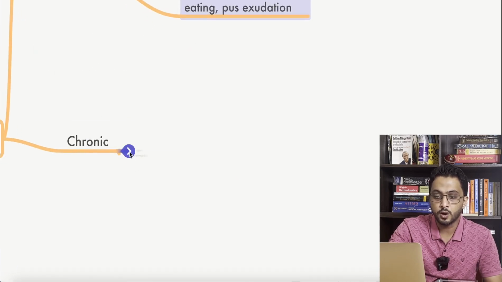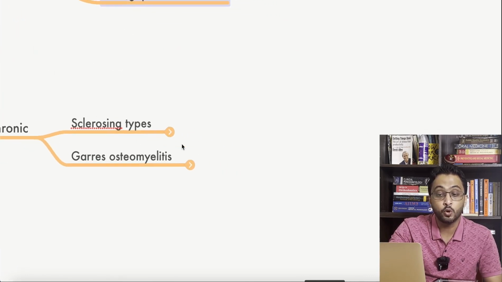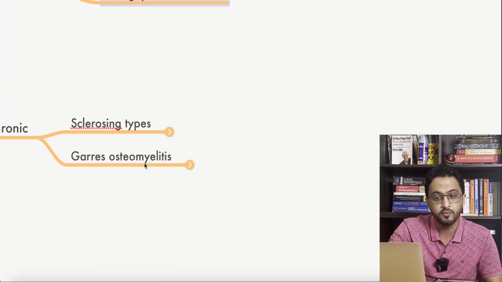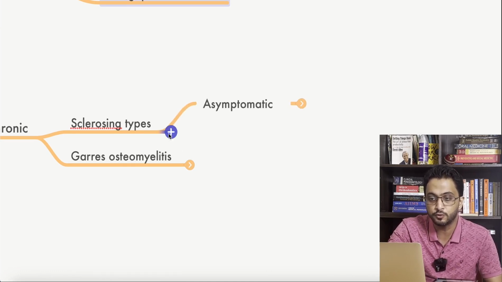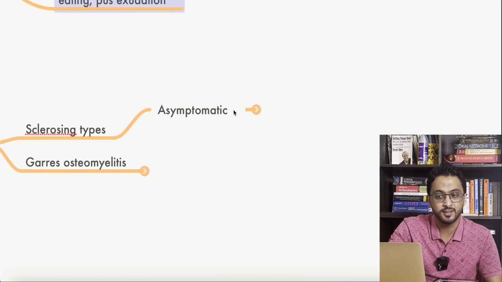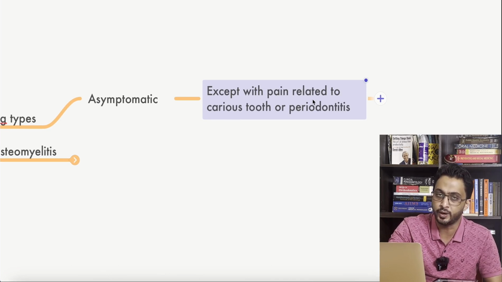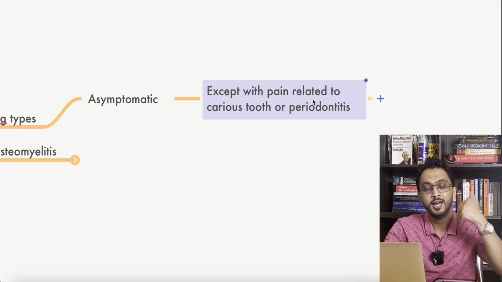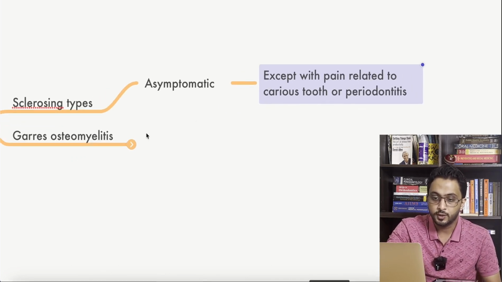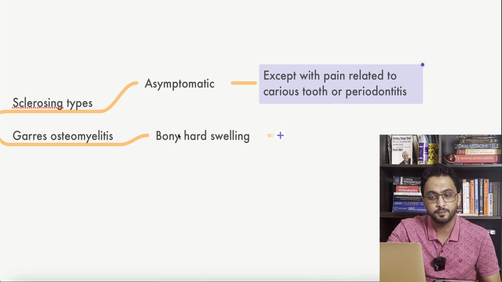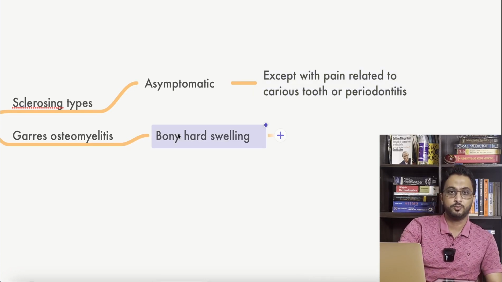Now, if you come to the chronic type, I told you there's the sclerosing type and the periosteitis type. This is Garre's osteomyelitis. Sclerosing type, usually it is asymptomatic unless there is pain related to carious teeth or periodontitis. Carious is focal, periodontitis is diffuse. Now, Garre's osteomyelitis is very, very beautiful.